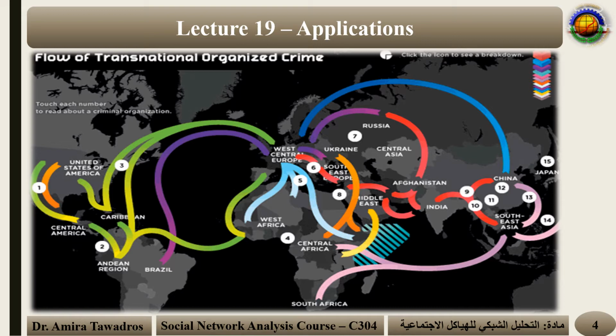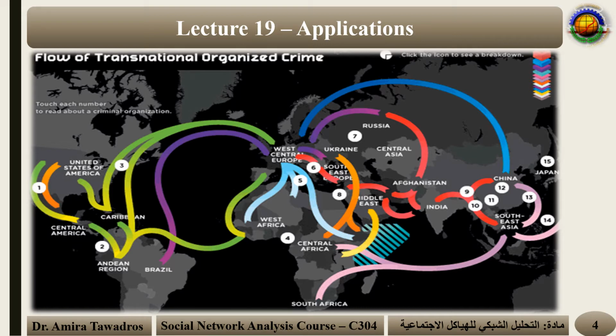It's also valuable to look at how criminal networks interact with each other. Social network analysts and researchers use publicly available information such as judicial documents, institutional reports, newspaper articles, along with interviews, questionnaires, and focus groups.